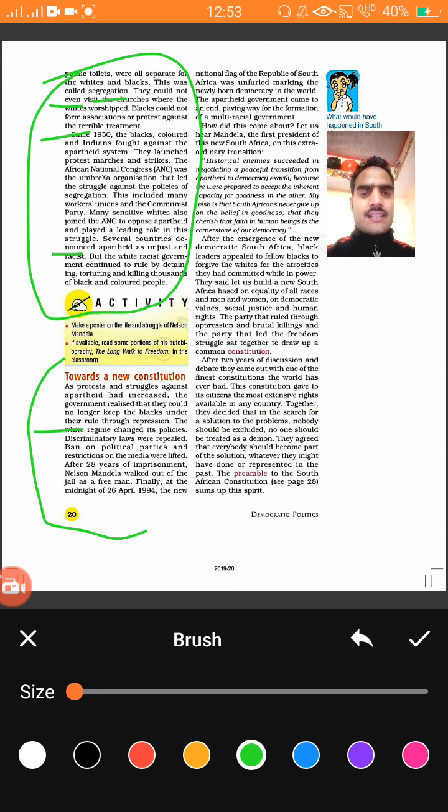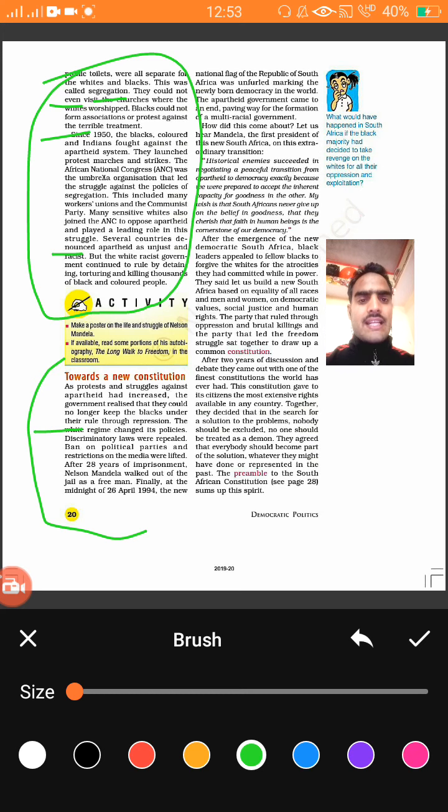How did this come about? Let's hear Mandela, the first president of the new South Africa, on this extraordinary transition. On 26 April 1994, Nelson Mandela gave a huge speech after life-time imprisonment.